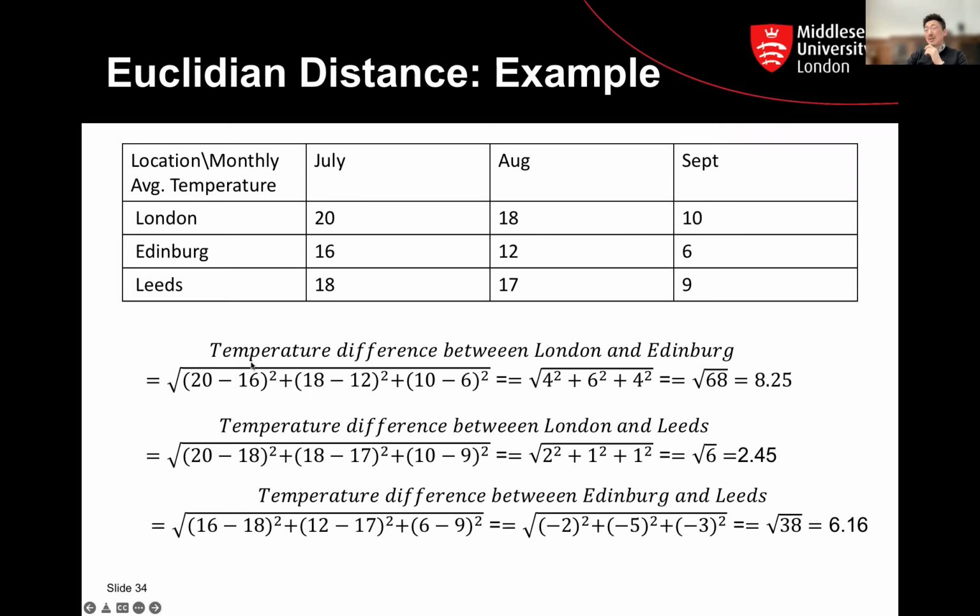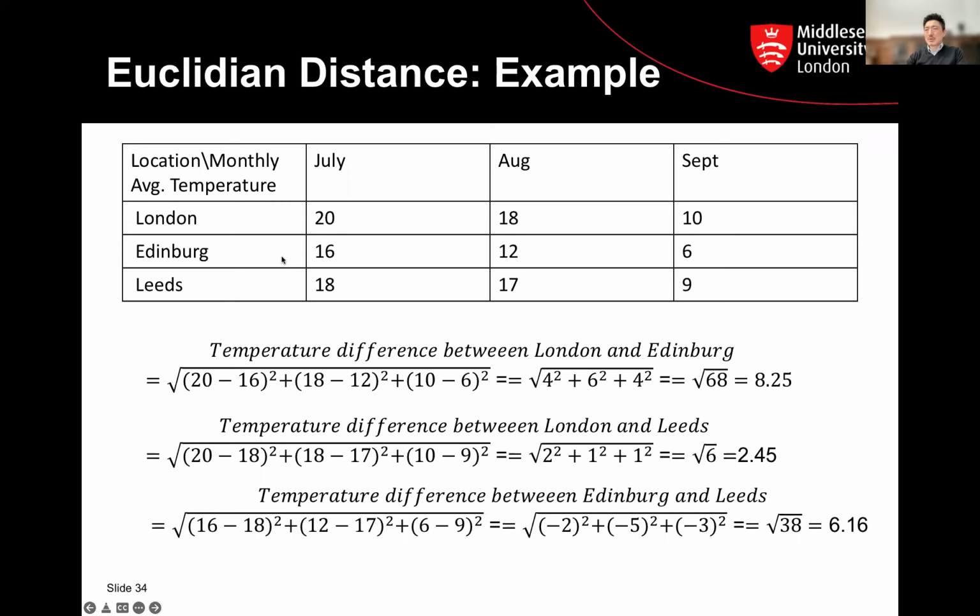Okay, and you can calculate the temperature difference between London and Edinburgh. So you pairwise calculate the difference. Essentially, in this case, we have a three-dimensional point for each city. For London, you have 3 dimensions, which are mapped to July, August, and September: 20, 18, 10.